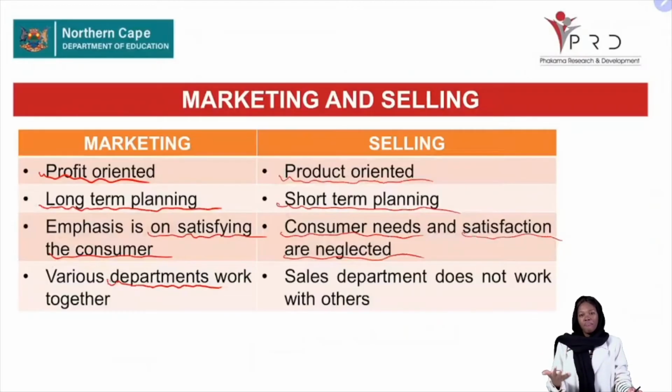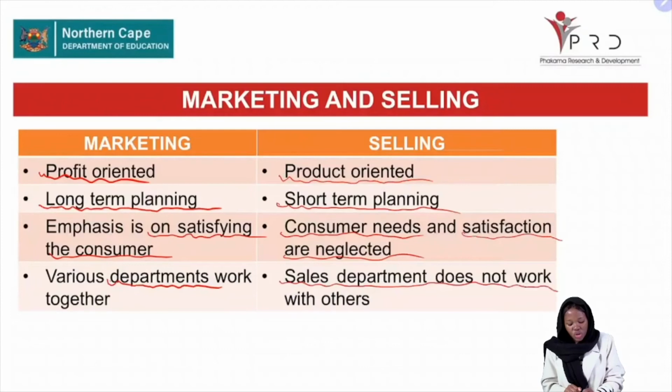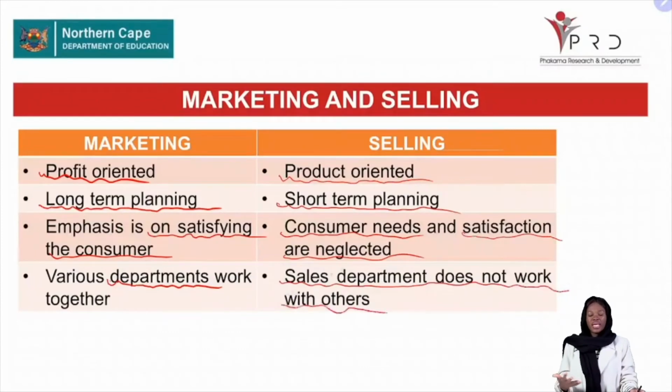That is marketing. But when it comes to selling, the sales department does not work with others. Remember, we said when it comes to selling, we only focus on what is currently selling in the market, right? So that is the difference.